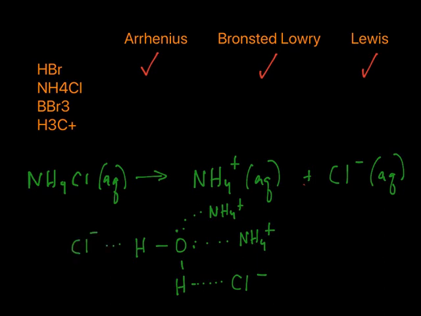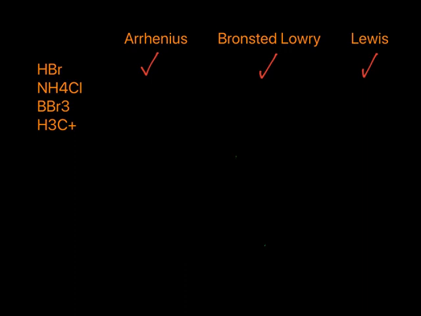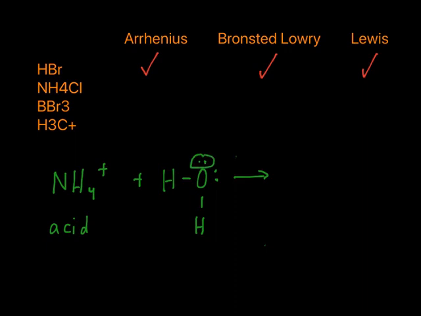All right? So then that means that this is our acid form of ammonium chloride. So this is the acid coming from ammonium chloride. This now will react with a water molecule in this way. Again, the lone pair of electrons here will be attracted to one of the hydrogens in ammonium.